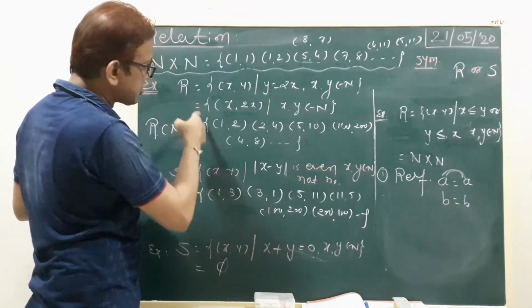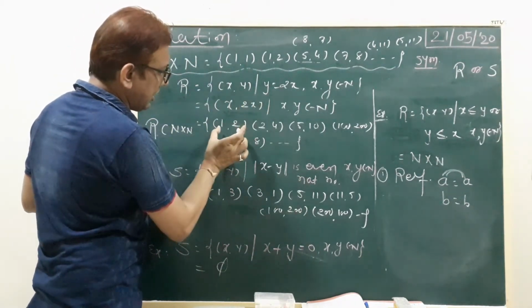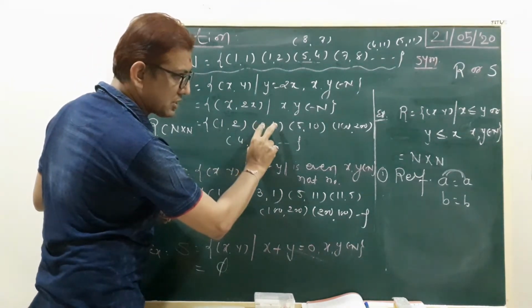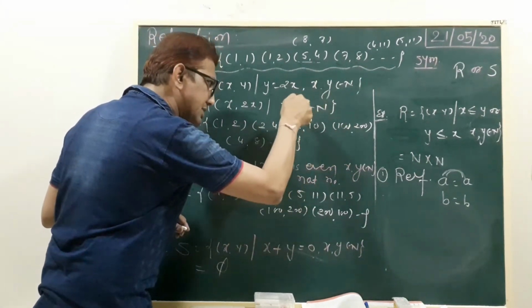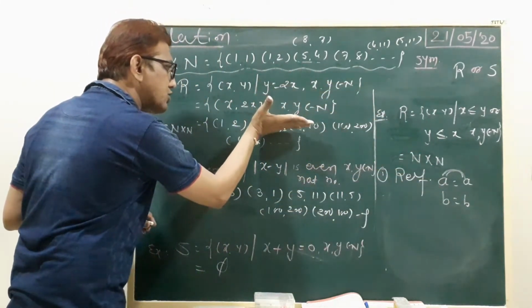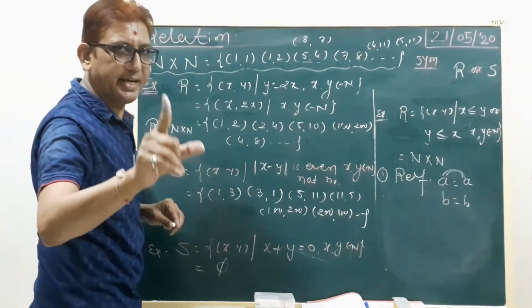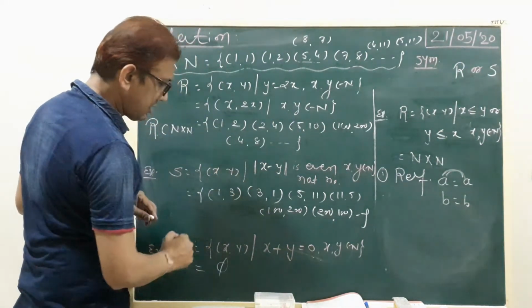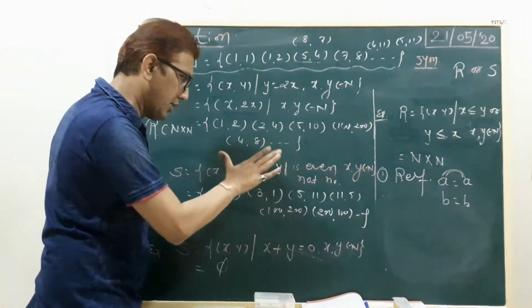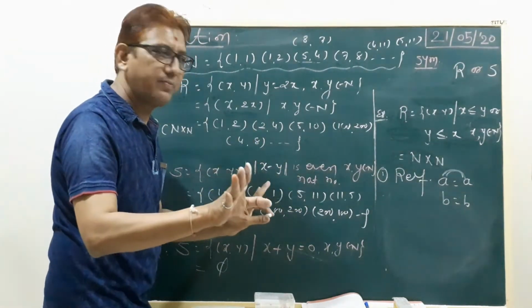Here in this relation, 1 1 is not possible, 2 2 is not possible. So in this sum, the reflexivity property is not satisfied. Here also 1 1, 2 2, 3 3 are not possible, so reflexivity is not satisfied.